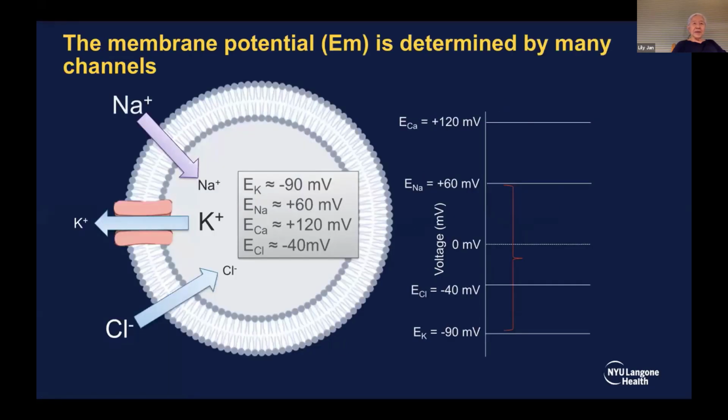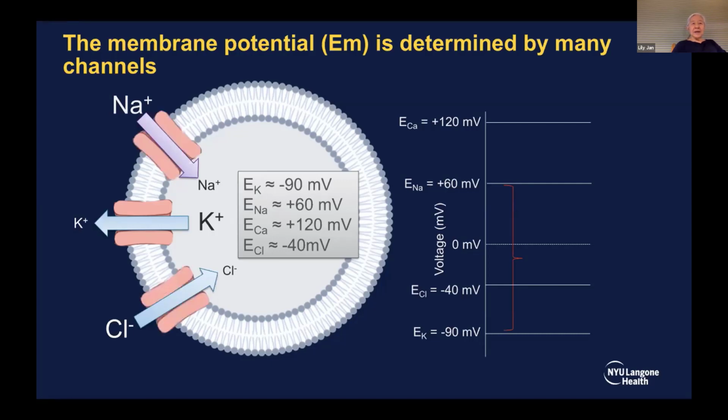So the membrane potential would depend on the permeability of the membrane to the ions. The physiological ions we typically consider are sodium, potassium, and chloride.